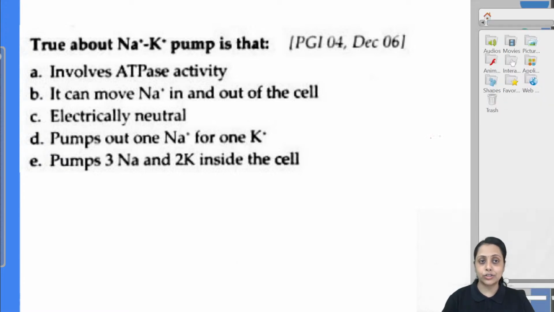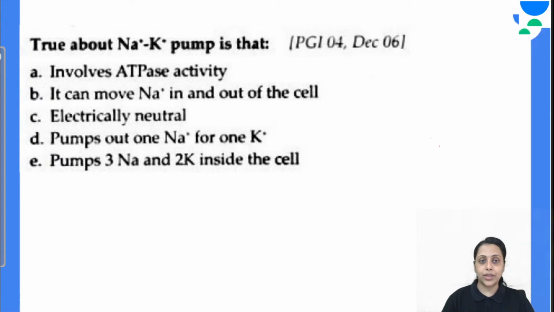Which of the following statements regarding the sodium-potassium pump is true? Everybody answer this question.